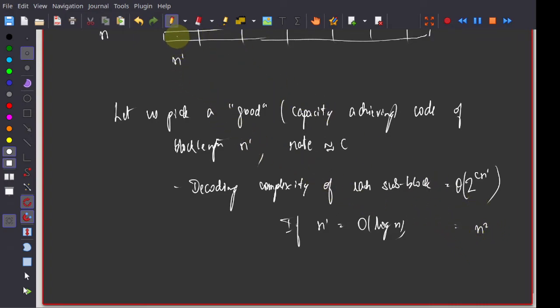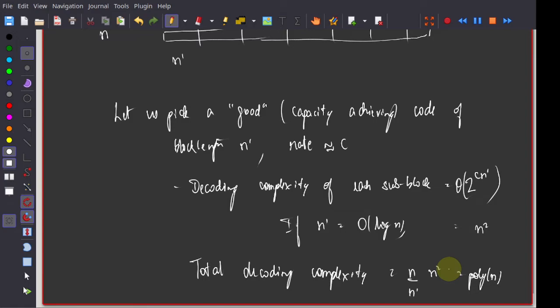So now if I have to decode all of these, what is the total complexity? It is equal to the number of blocks times the complexity of decoding each block. So total decoding complexity equals n by n prime times n square, which is still polynomial, at most n cube, because n prime is logarithmic in n.